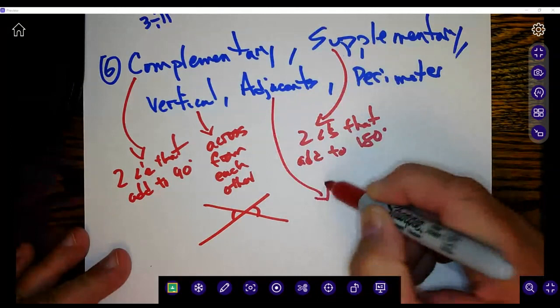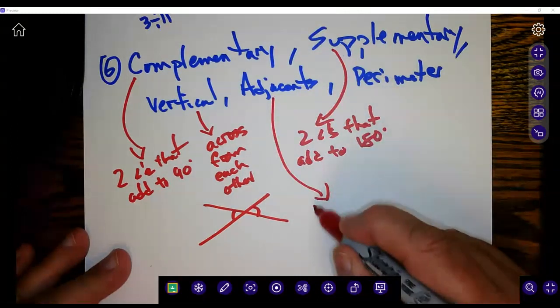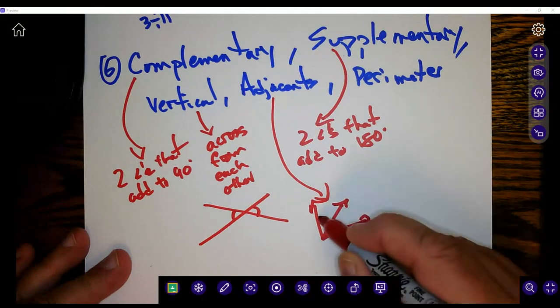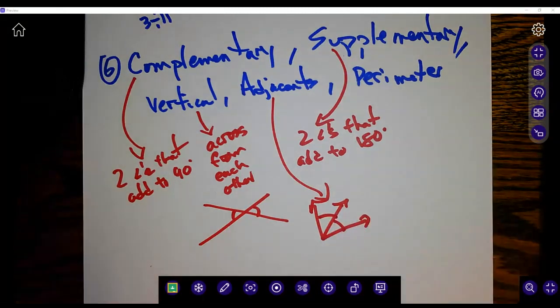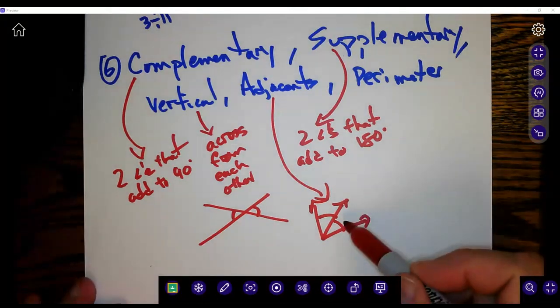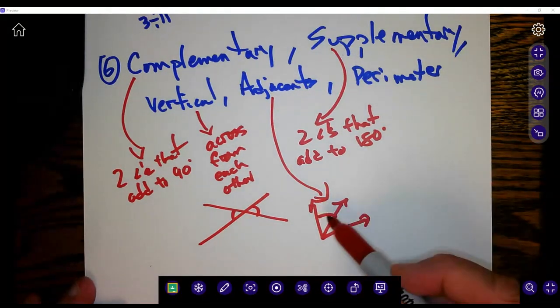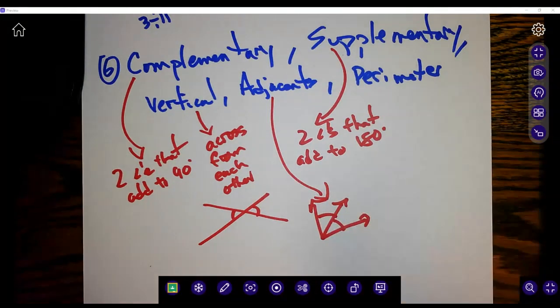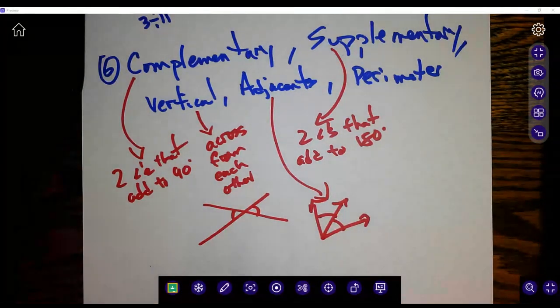And then finally, adjacent angles. Those are angles that are next to each other. So this angle and that angle are adjacent. And we looked at, if we know one of the angles and we know the big angle, then we take the little angle and subtract it from the big angle to get the missing angle.